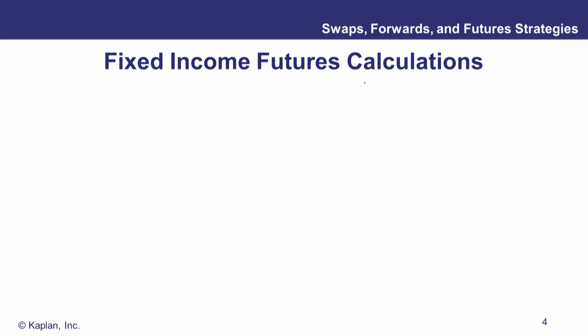Now, two very simplifying assumptions are being made here. First up, we're going to delivery of the futures contract. Don't forget, the short side can decide which bond to deliver. They're going to deliver a bond. They can choose which one they decide to deliver, okay?